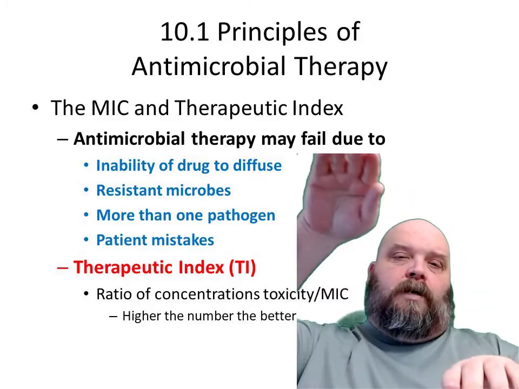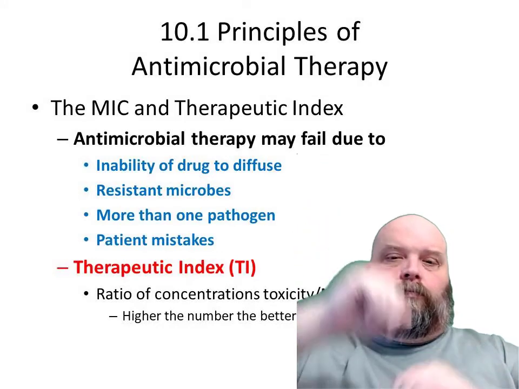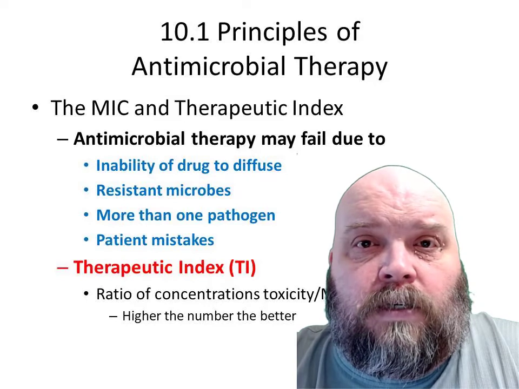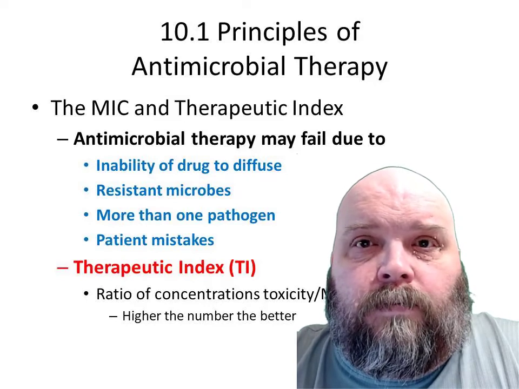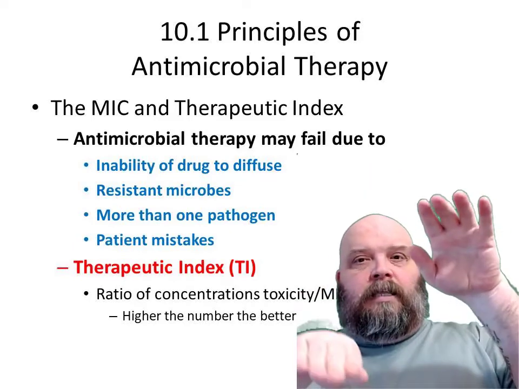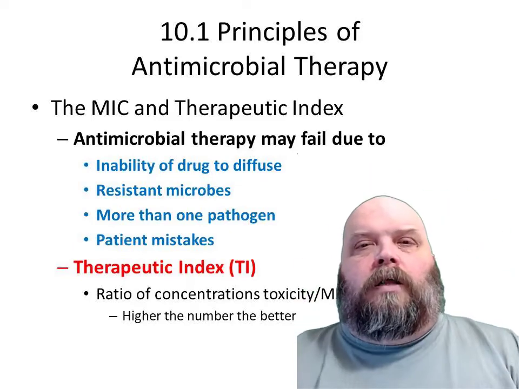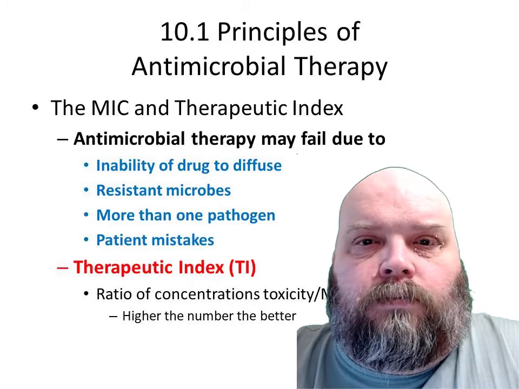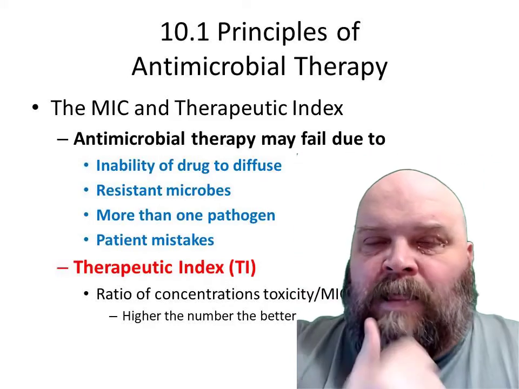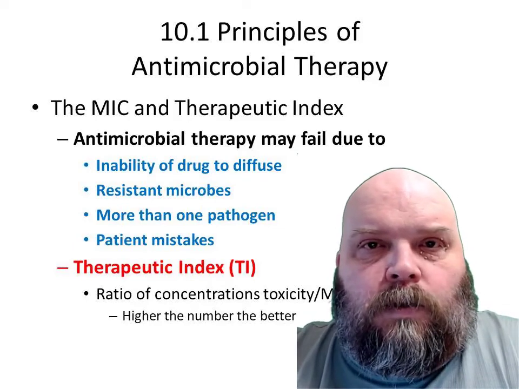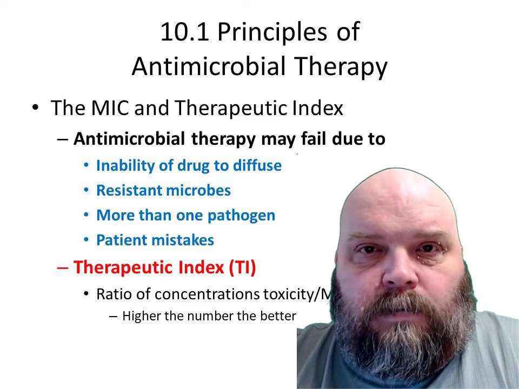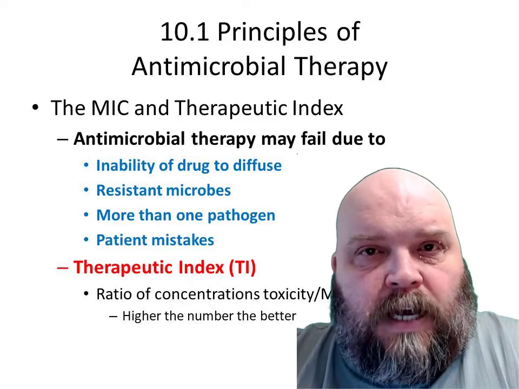But if you flip it the other way, concentration that's toxic versus the concentration that's inhibitory, it's all in a ratio. As a clinician, you want to look at what's referred to as the therapeutic index. It's a ratio of concentrations.